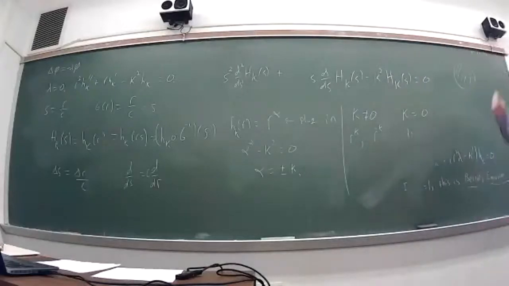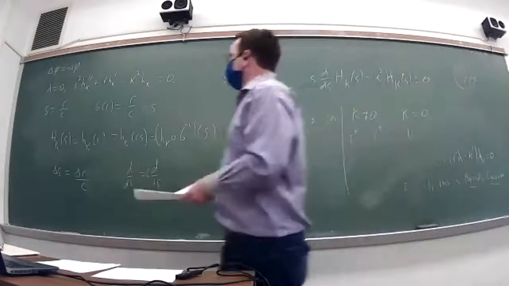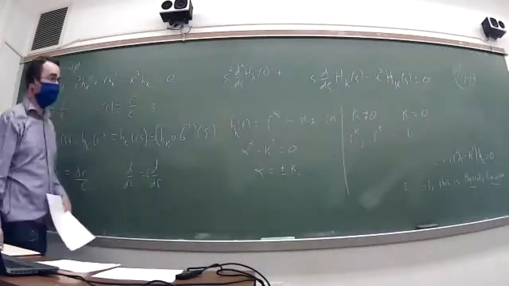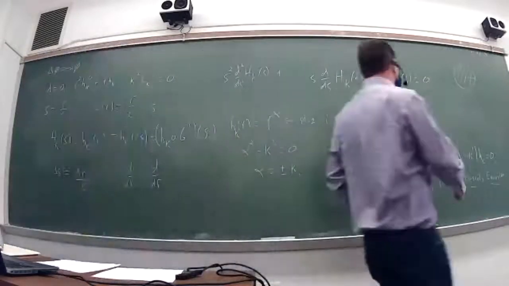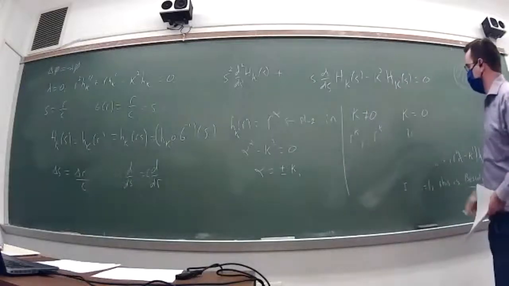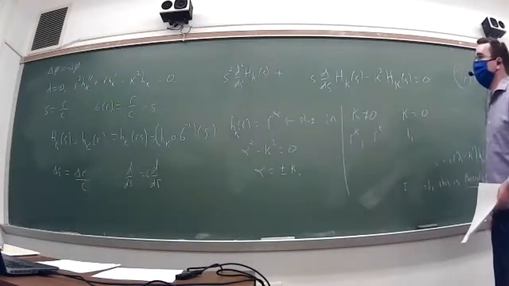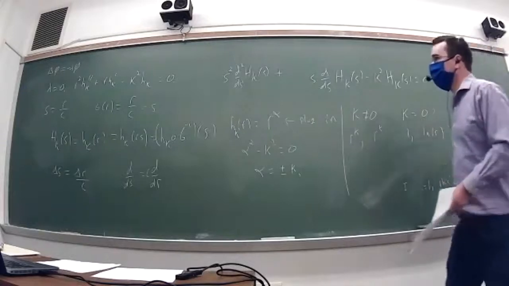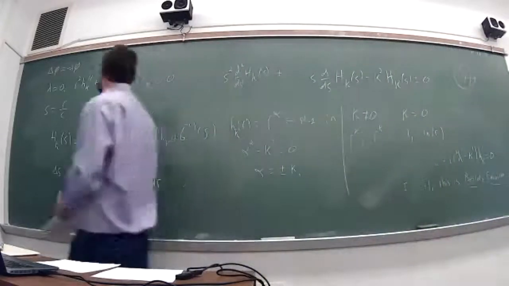And because it's a second order ODE, there must be another linearly independent solution. You set k equals 0 in this equation, bring that to the other side. You can solve this with ODE methods, but I'll just tell you the answer. In this case, natural log of r solves it. Check that out.